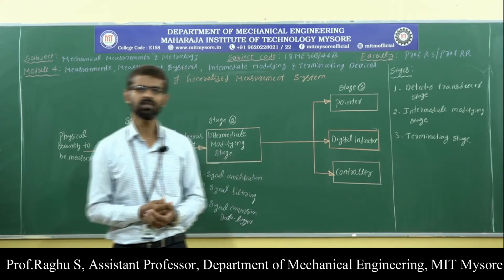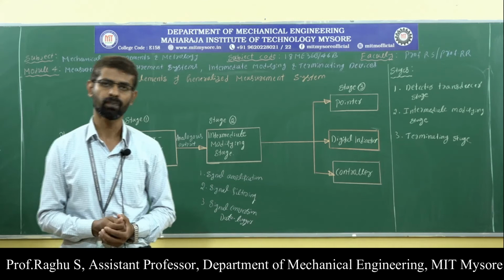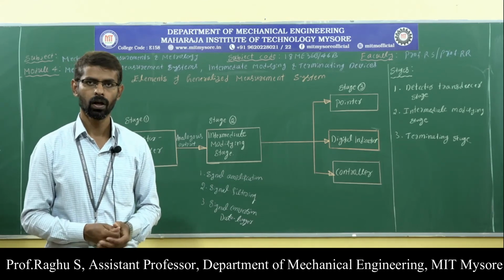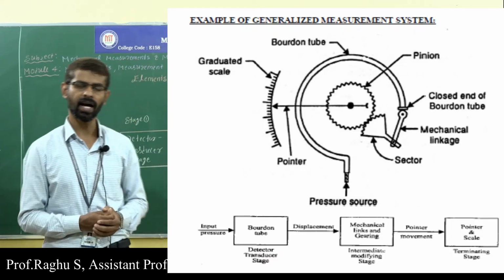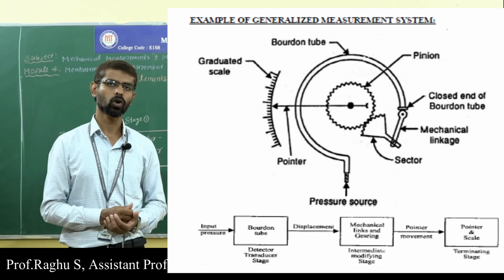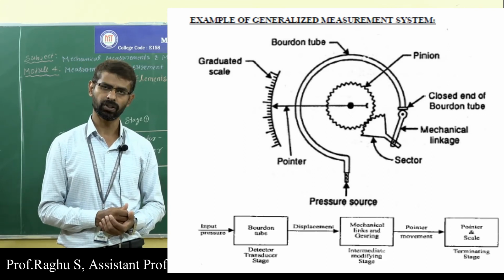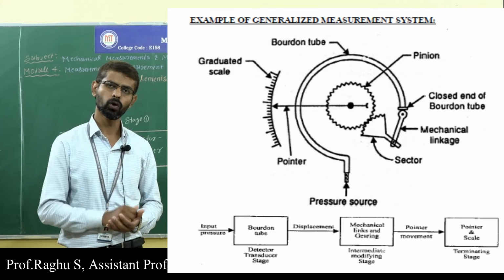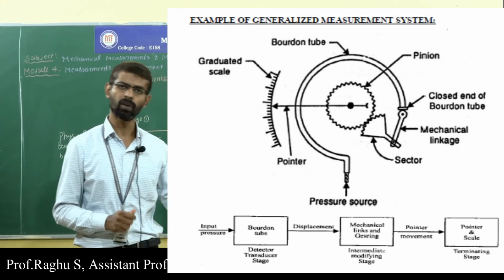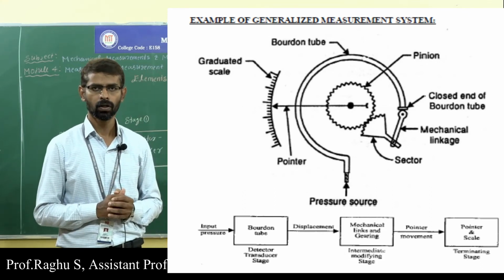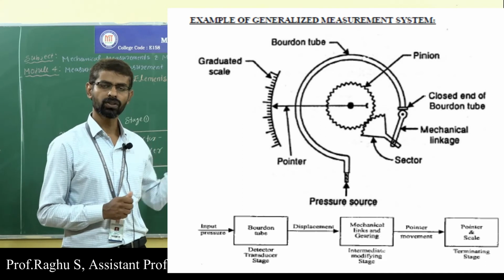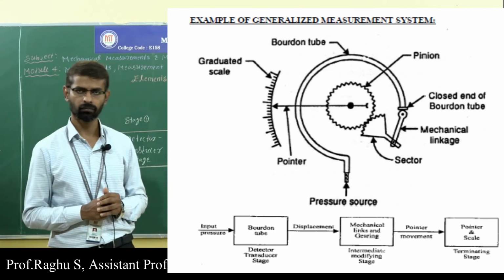Now let us discuss an example for a generalized measurement system. As you are seeing in the diagram, this is called a Bourdon tube pressure gauge. It is used to measure pressure.